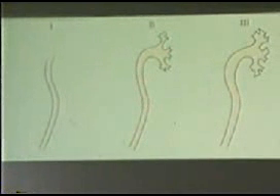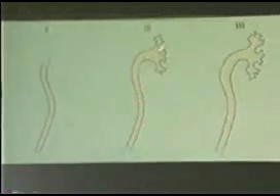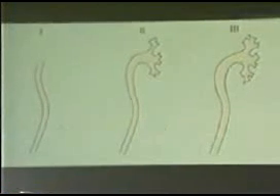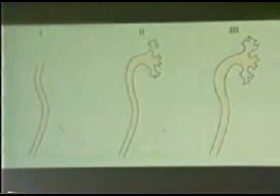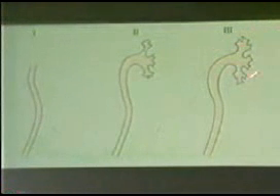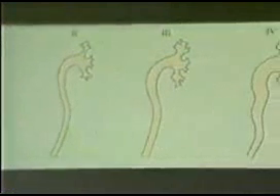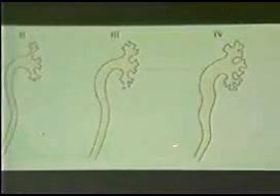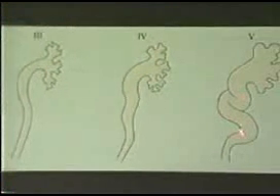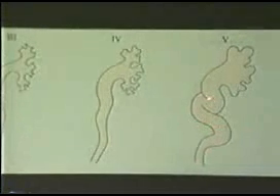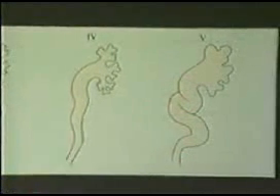I'll show you a picture in a second. Reflux is all the way up to the collecting system without dilatation of the kidney. Grade 3, you start to see some dilatation of the kidney. Grade 4, the ureter is grossly dilated. Grade 5, it's tortuous. Okay, so this is grade 5.